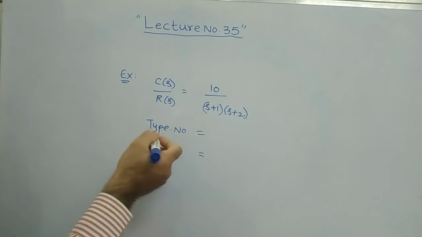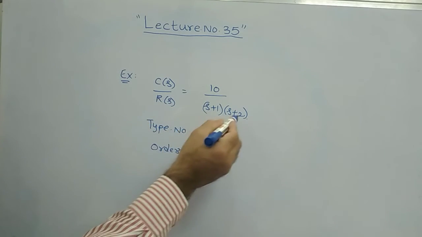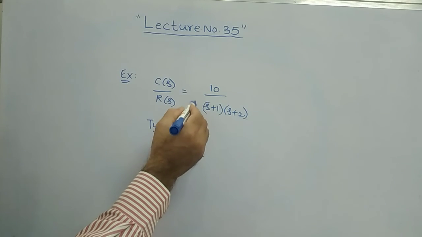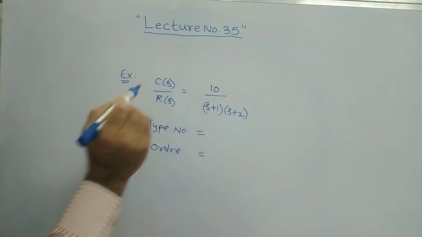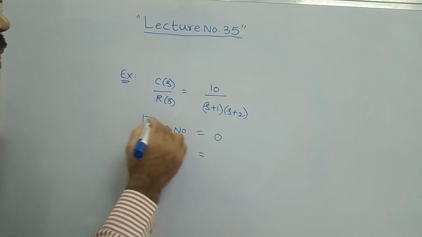To find the type number, you need to observe the denominator only. For the type number, is an s power n factor there or not? Here s power n is not there. If it is not there, write that the type number is 0. That's all, straightforward.